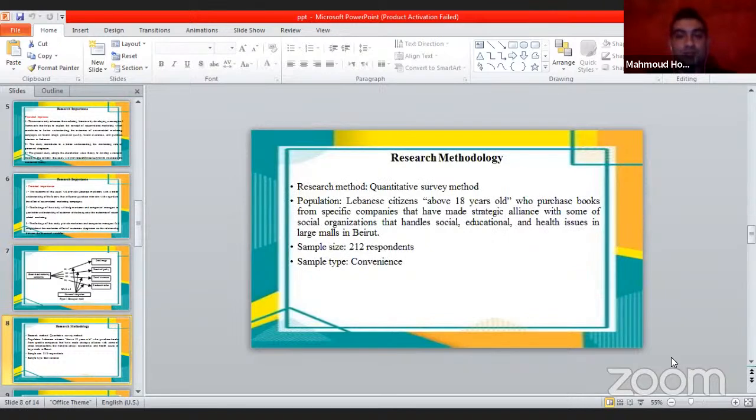The research methodology of this paper: first, this study focused on a quantitative survey method.